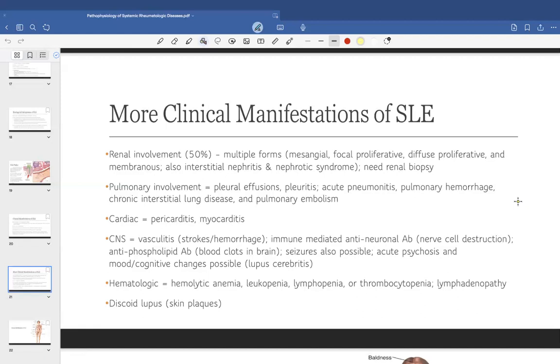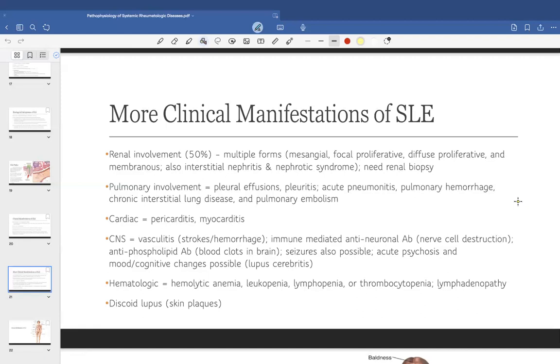All right, hematologically, they can even have hemolytic anemia. If they have antigen that is binding to the surface of the red blood cell, or antibody binding to an antigen on the red blood cell, that can essentially create the same kind of process you see with IgM or IgG hemolytic anemia.